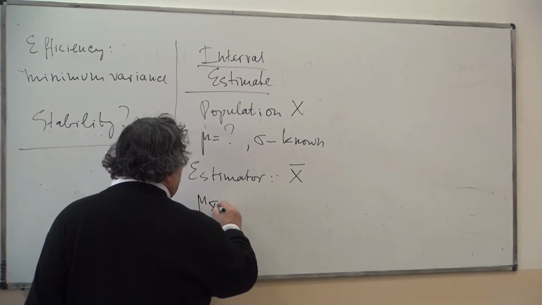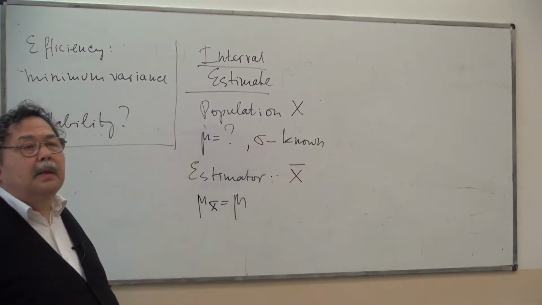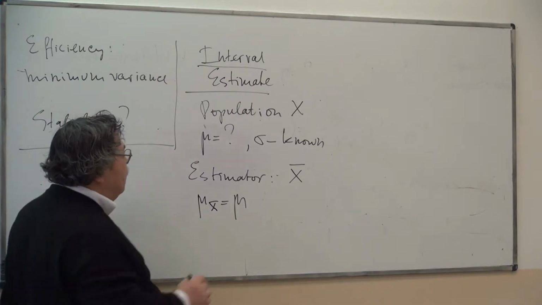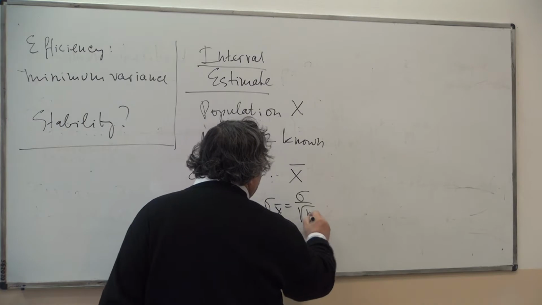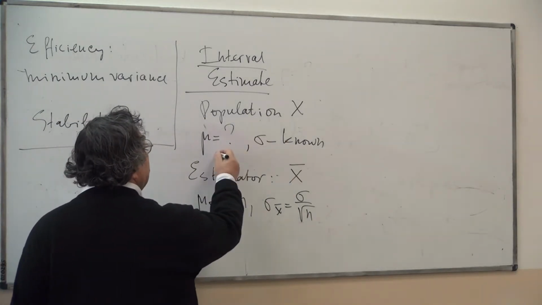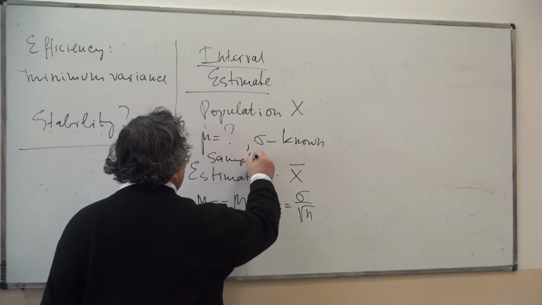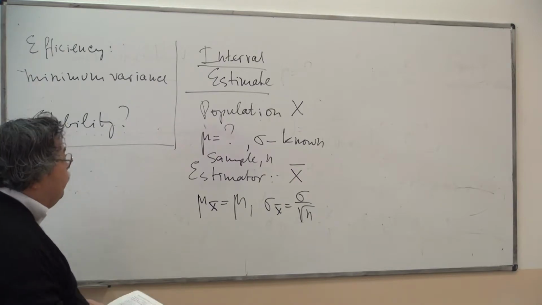Mu x bar is the same as the mean of the underlying population variable, and sigma x bar is sigma over the square root of n, which means that we take a sample of size n here.